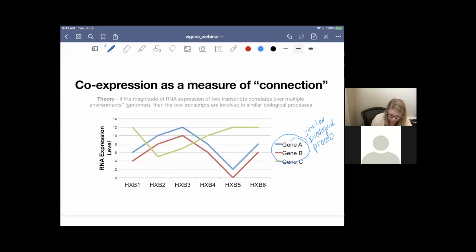Whereas gene C does not have any kind of correlation or association with the other genes, so it most likely is not associated with the same biological pathway. And so obviously this is a theory, this isn't the truth, and it's not going to cover every relationship that we'd ever see between 2 RNAs, so we may be wrong going in either direction.